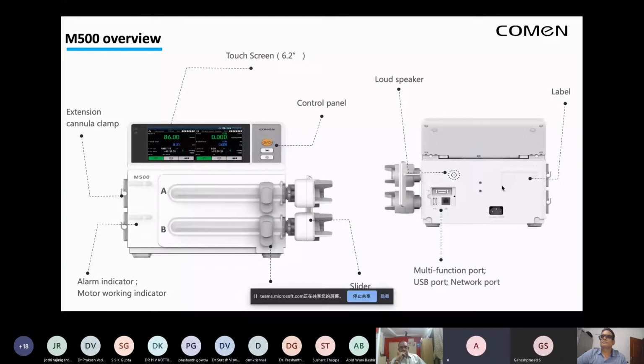In the touch screen, we have an overview of the 2-channel parameter display, and you can set up different parameters both on the single screen. So the operation also becomes much easier. The size is compact and very easy to move. You can handle it with one hand, and it is just 1.1 kg only.